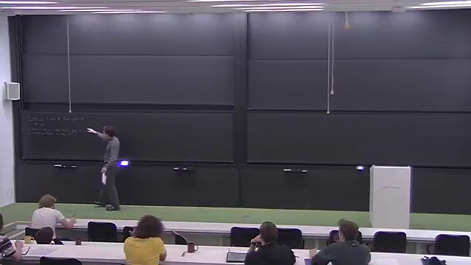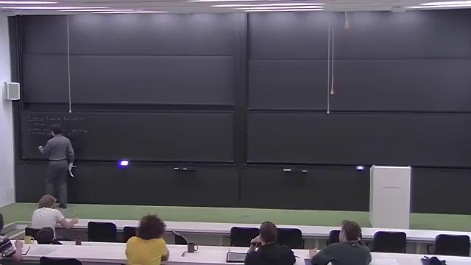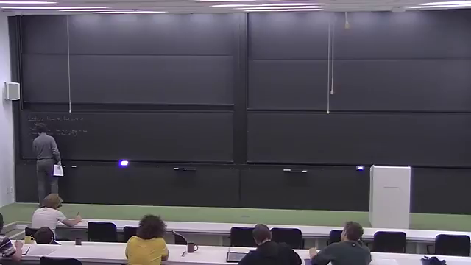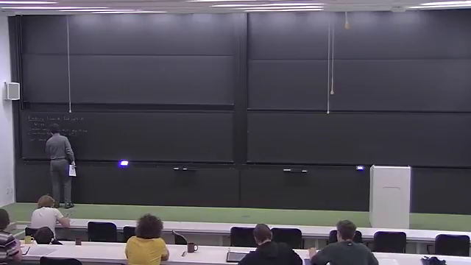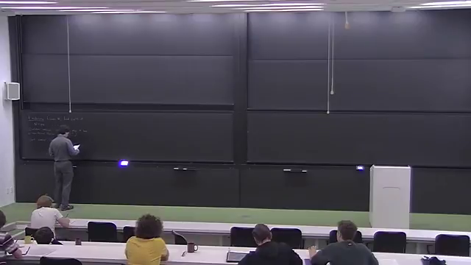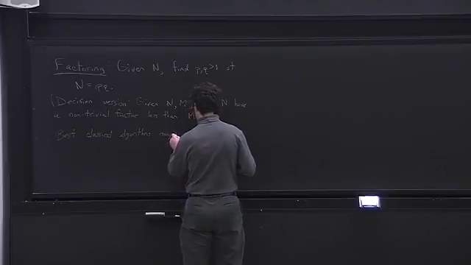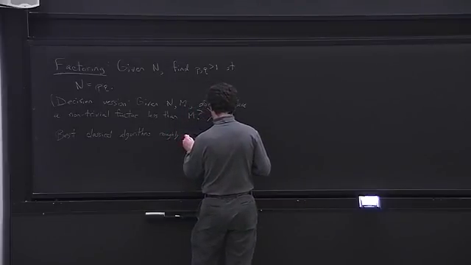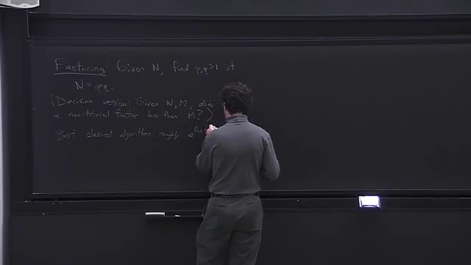But factoring, people have worked on this quite hard and have yet to come up with a good classical algorithm to do that. The best known classical algorithms use a time that's roughly e to the log n to the 1/3.